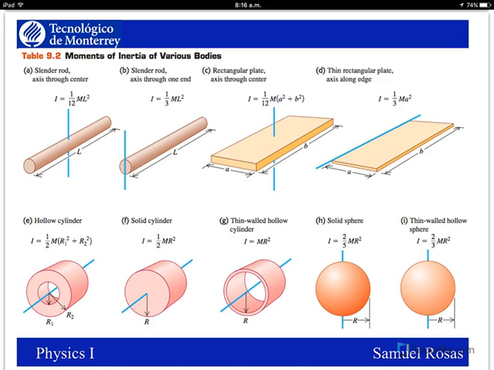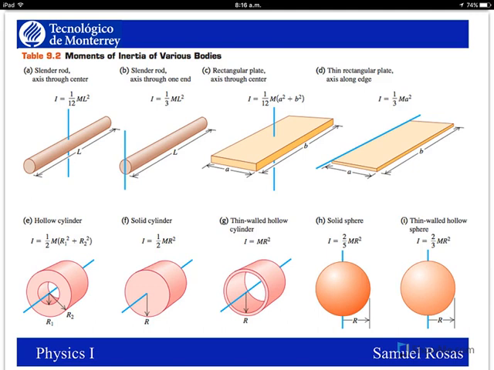We have other examples, such as a thin rectangular plate with axis along the edge. That could be, for instance, a door. We have a hollow cylinder, a solid cylinder, and thin-walled hollow cylinders. These cylinders are usually used to model pulleys.